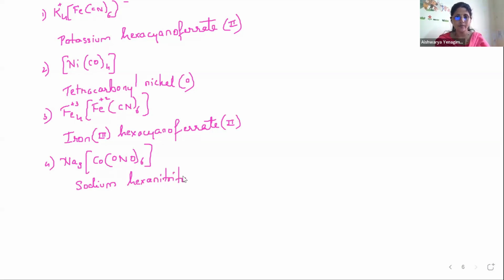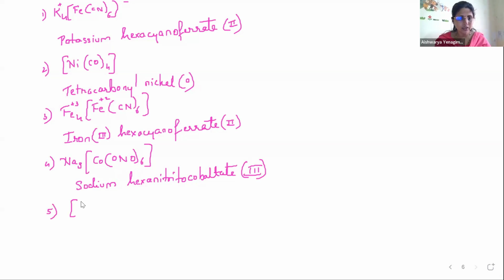Hexanitrito. Or I can write hexanitro O. If it was NO2, I would have written hexanitro N. Here it is ONO. You can write it as nitrito, which means O is being attached, or nitro O can be written. Hexanitrito cobaltate, and the oxidation number is 3. Okay, fine.